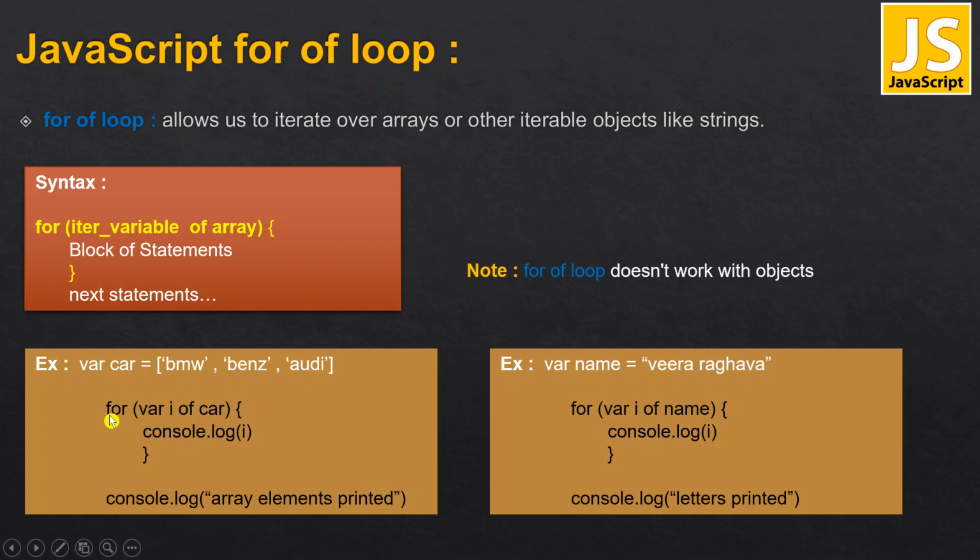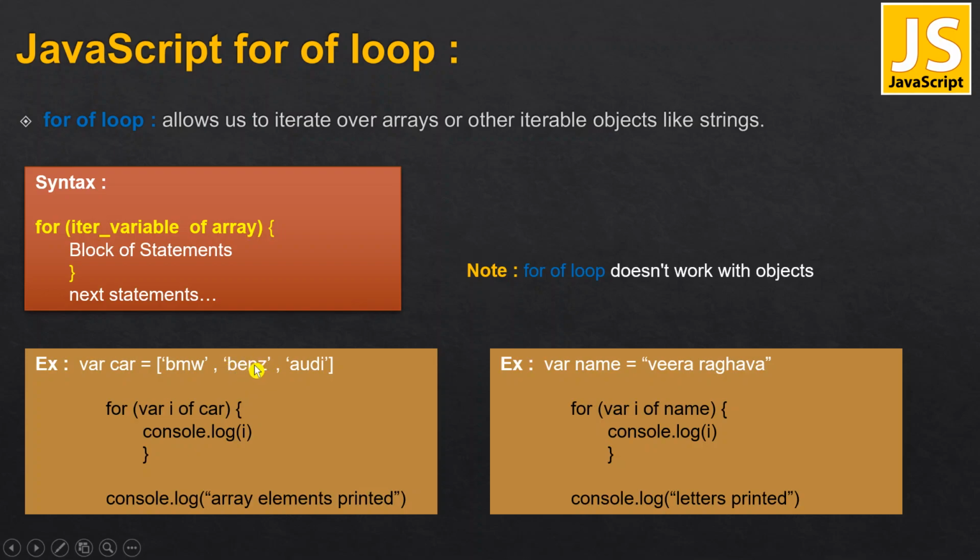So the interpreter, after coming across this statement, sees the array and takes the first element. The first element will be loaded into the i, then the control goes inside the block and it will execute this code block, and then it comes again and takes the next element.